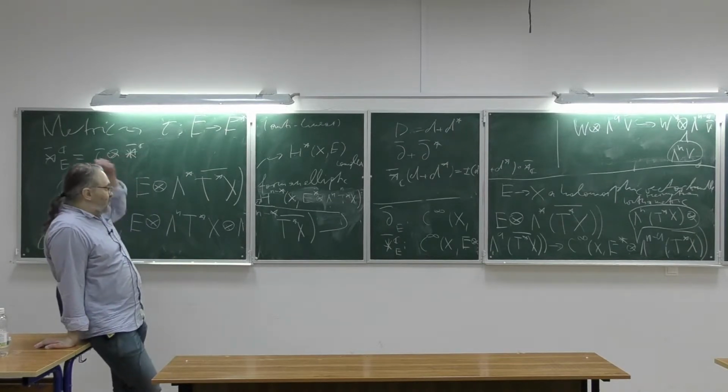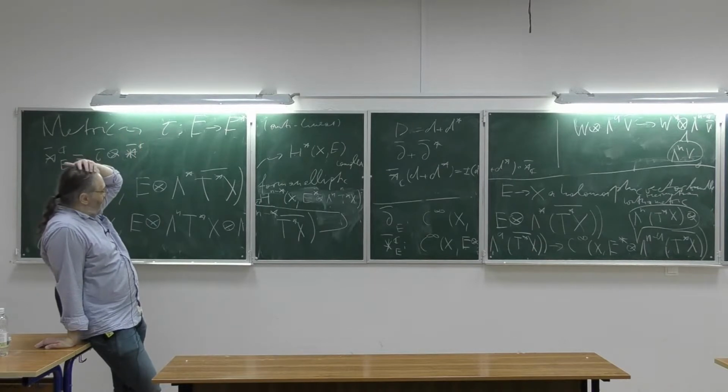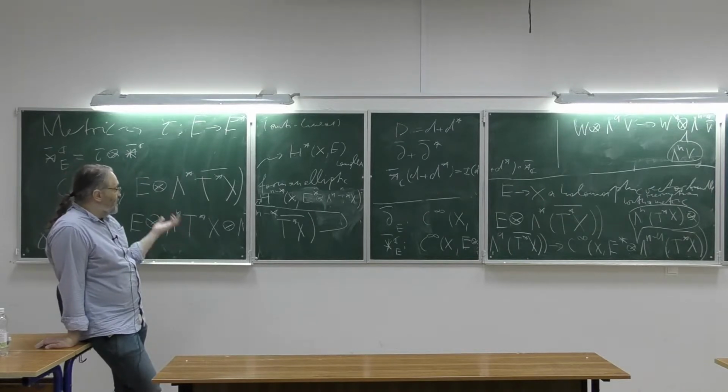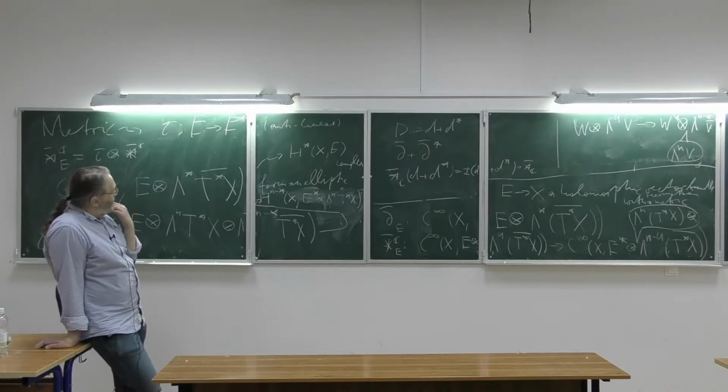Well, this construction is obviously not canonical, because the canonical construction is a pairing between these spaces. There are some choices which were made, and yes, we did choose two metrics.